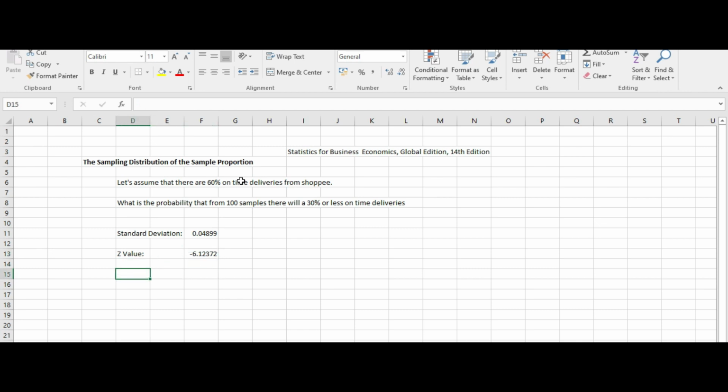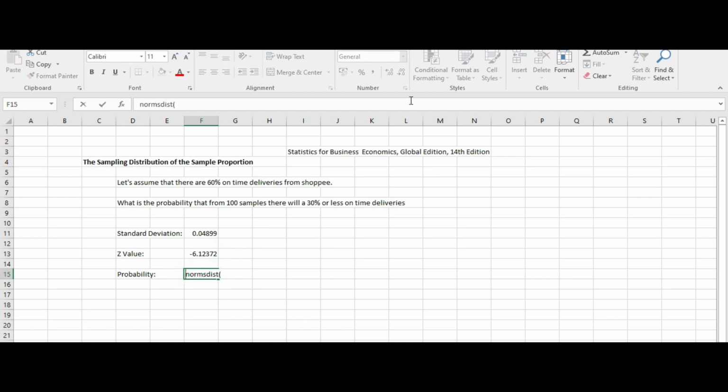Now that we have the z value, we will compute the probability. We will convert that into a probability. In order to get the probability, we will use the Excel function NORM.S.DIST.